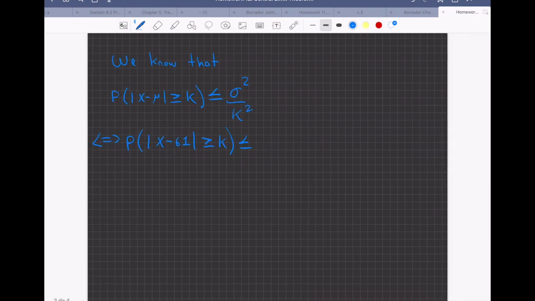Sigma is 9 squared divided by k squared. So to get the upper bound, we need to find the value for k. But notice, in this kind of exercises, you have to set this difference in the absolute value, x minus 61.